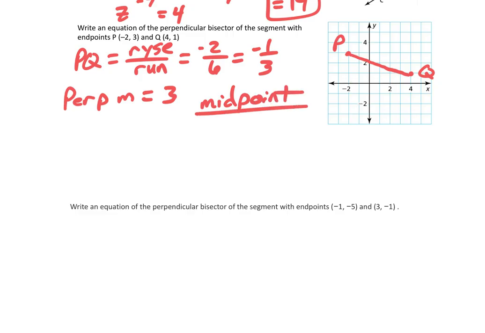We're going to do the good old midpoint formula. So we have to find the point that's right in the middle of those 2 points. The midpoint formula is x1 plus x2 divided by 2, y1 plus y2 divided by 2. So we got to make sure we add the two x's together.